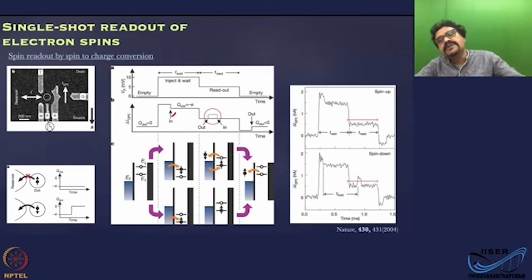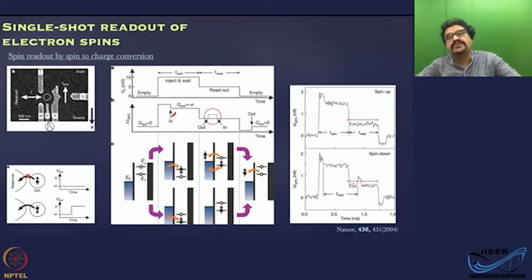Now, looking again at the DiVincenzo criteria, you should be able to initialize and read out the state. So now we are talking about spins here, not charges. How would you read out a spin?